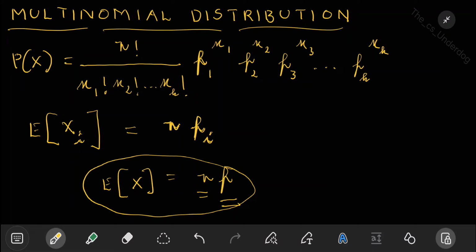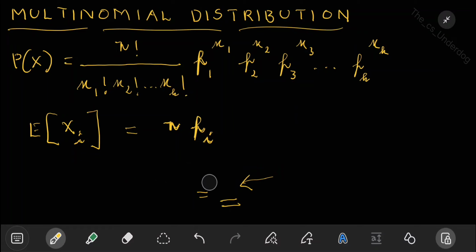So in binomial, np was the expectation, where p is the probability of success. Here you have k different outcomes. So for each outcome, you have to find the expectation separately. For the ith outcome, expectation can be written as n into pi, where pi is the probability of the ith outcome and n is the total number of trials.